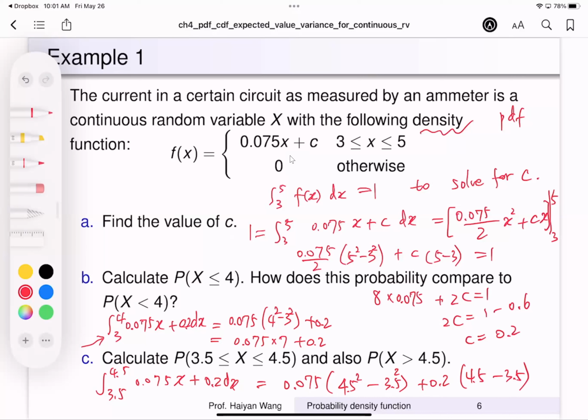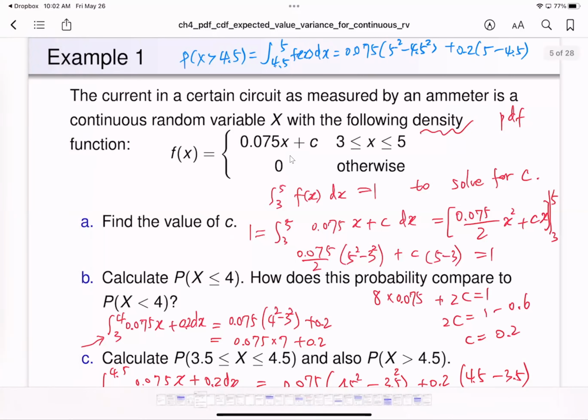And for greater than 4.5, this last part, greater than 4.5 would be integration from 4.5 to 5, because 5 is the upper bound, of f(x) dx. Eventually, what we're going to get is 0.075 times 5 squared minus 4.5 squared, and then plus 0.2 times 5 minus 4.5. So that will give us the probabilities.